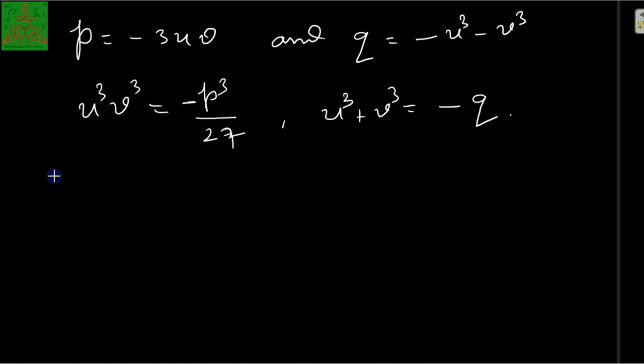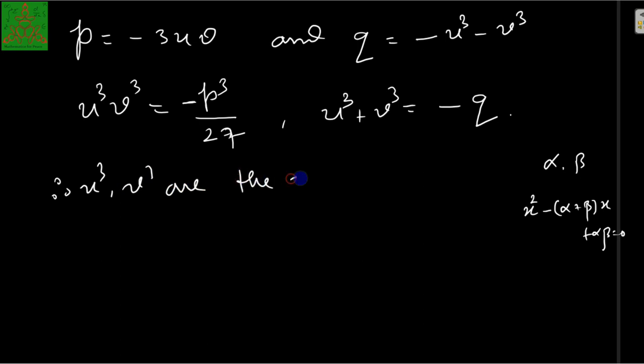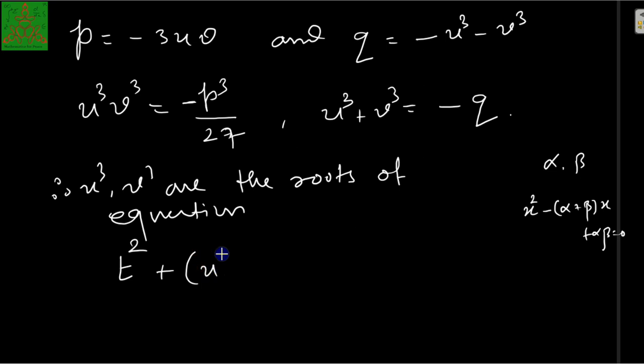Now, as we know that if alpha and beta are the roots of some polynomial, then that polynomial can be written as x square minus (alpha plus beta) x plus alpha into beta equal to 0. In the same manner, if u cube and v cube are the roots of an equation, that is t square minus (u cube plus v cube) t plus u cube into v cube equal to 0.